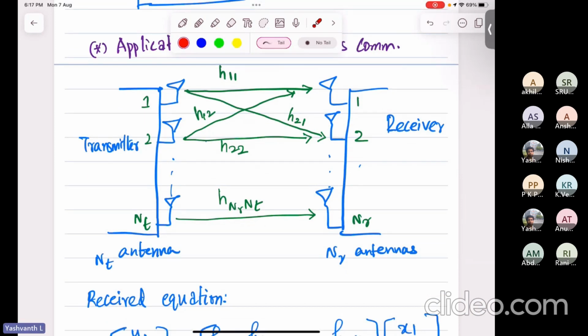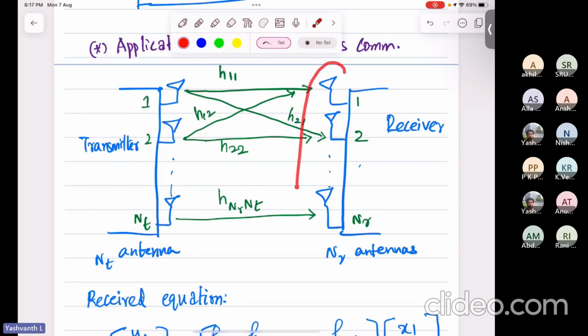So you have NT antennas at the transmitter and you have NR antennas at the receiver. I will index all the transmit antennas by 1, 2, and so on till NT, and the receive antennas as 1, 2, and so on till NR. Now, there is a channel between every antenna at the transmitter and every antenna at the receiver. For example, the channel between the first antenna at the transmitter and the first antenna at the receiver is called H11.